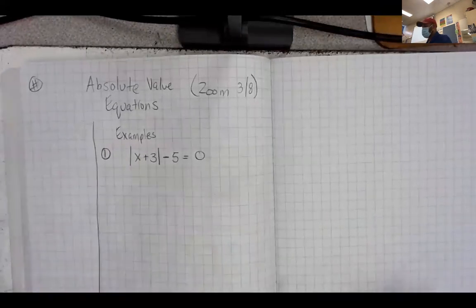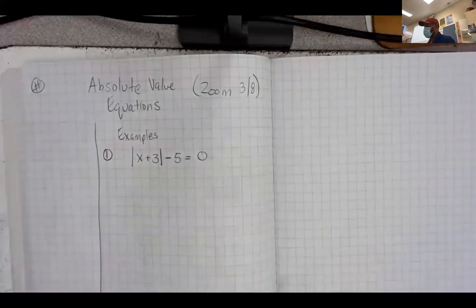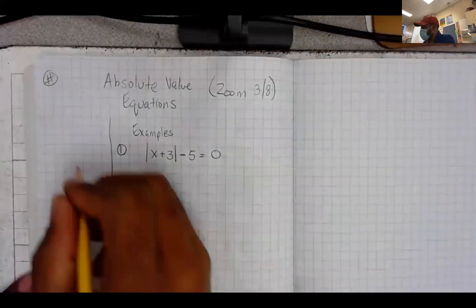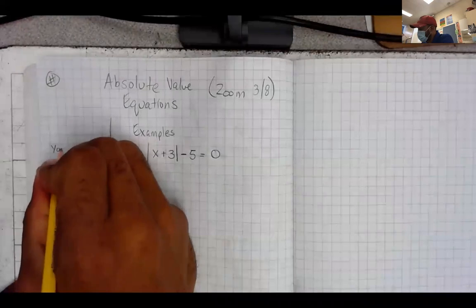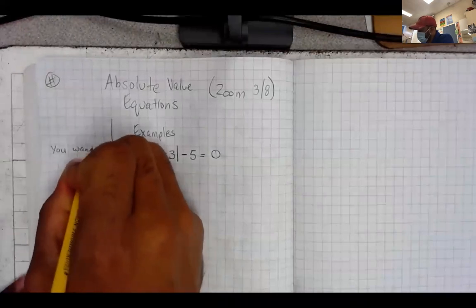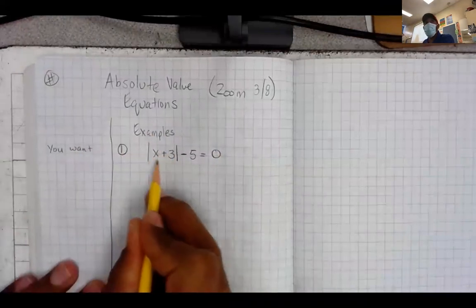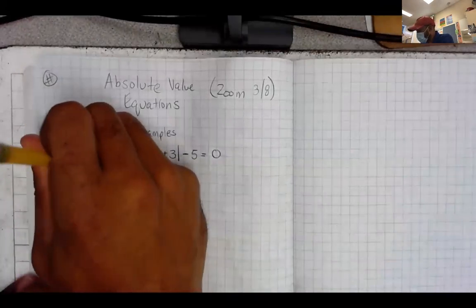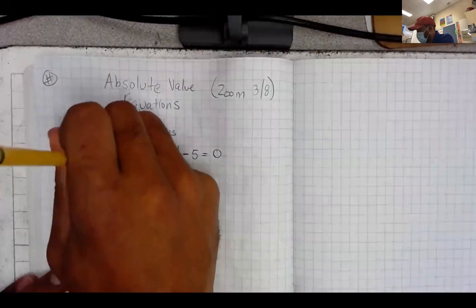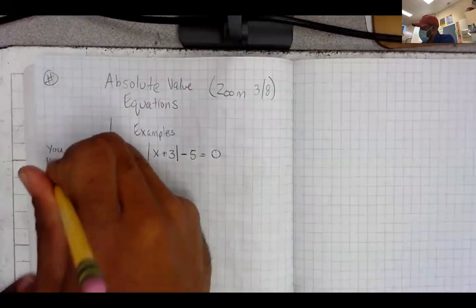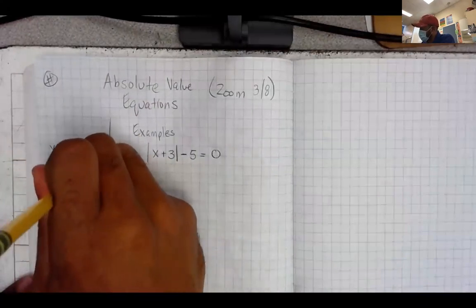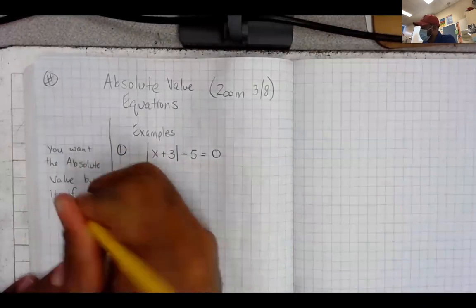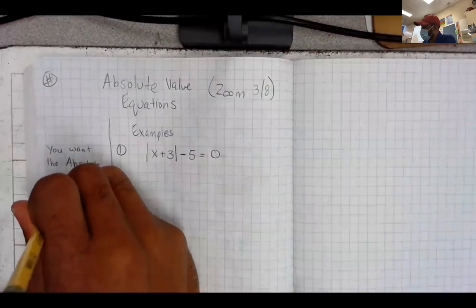All right, so here's the deal. When you're dealing with absolute value equations, you want the absolute value by itself. Or that word we like to use is isolated.